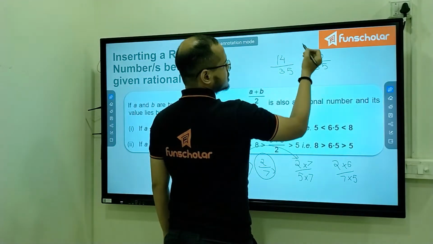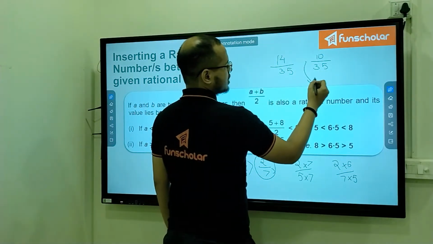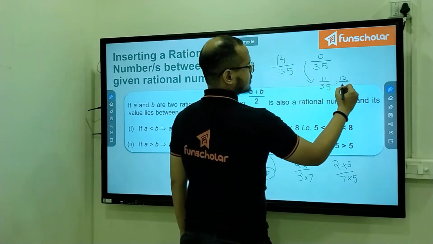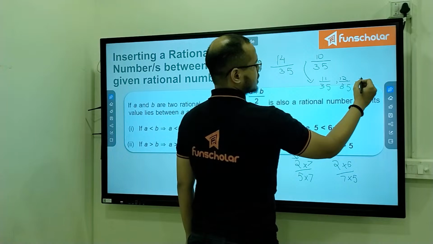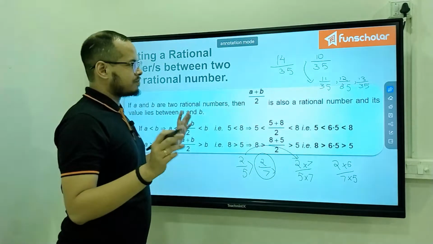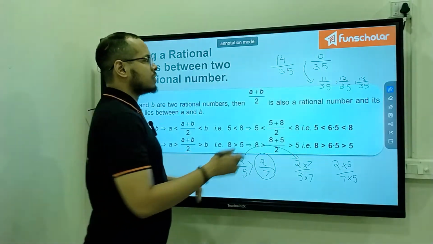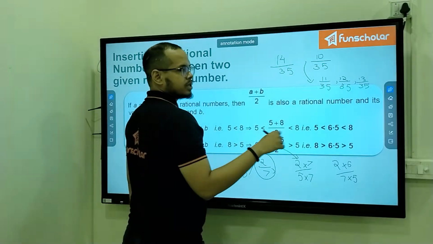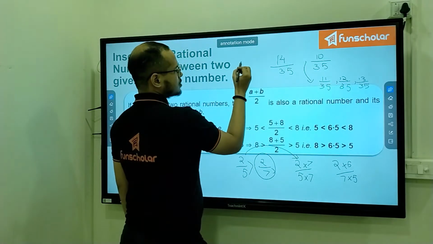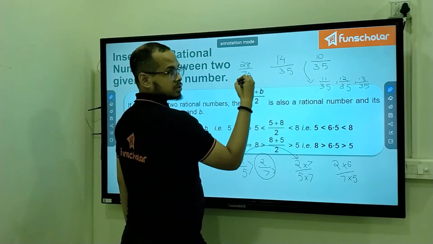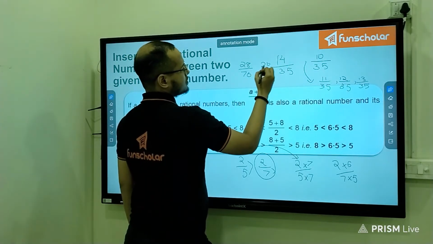We can easily see just by the naked eye that we have 11 by 35, 12 by 35, 13 by 35 here. Now if we need even more, multiply these two numbers by 2, 3, 4, whatever. If you multiply by 2, we get 28 by 70 and 20 by 70.